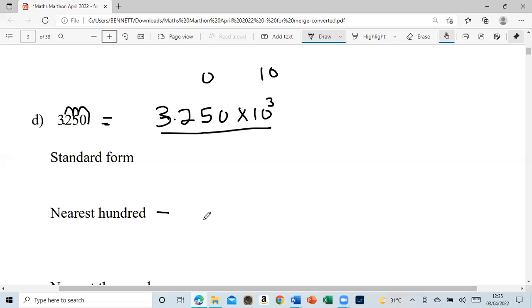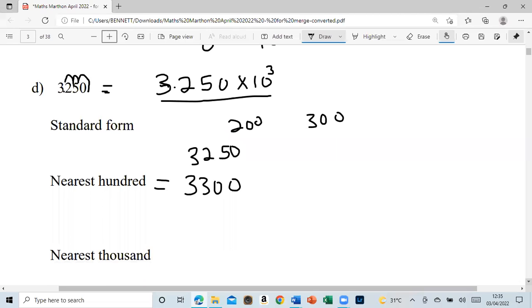Alright, round the original number off to the nearest 100. 3,300. Very good, Imani, right? So basically 250 is closer to 300 than 200. So that will be 3,300. Everybody agree with that?